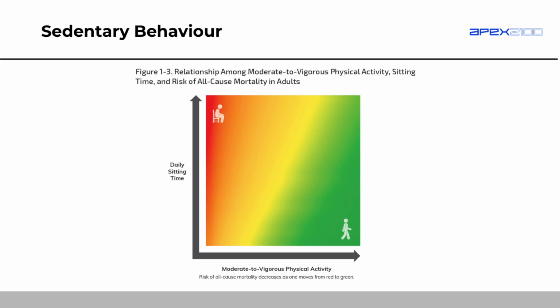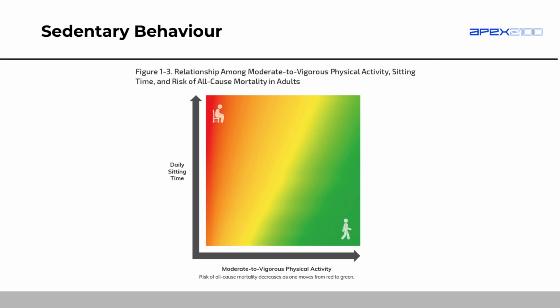Now this figure shows moderate to vigorous physical activity in minutes on the x-axis and daily sitting time in hours on the y-axis. Red represents a higher risk of all-cause mortality, a higher risk of death, no matter what from. And green represents a lower risk of death. So there's a couple of conclusions that we can make from this graph here.